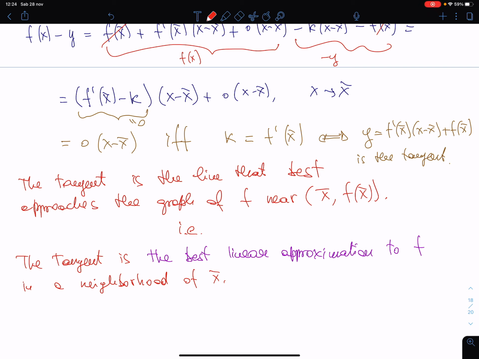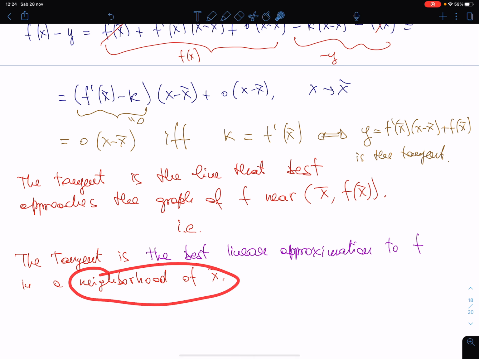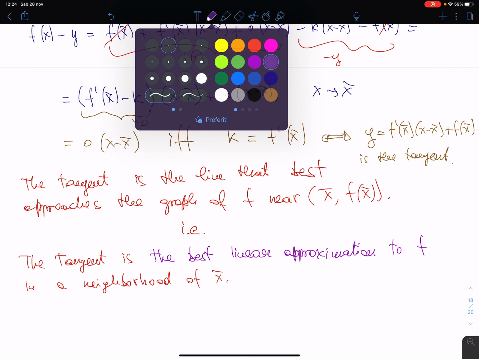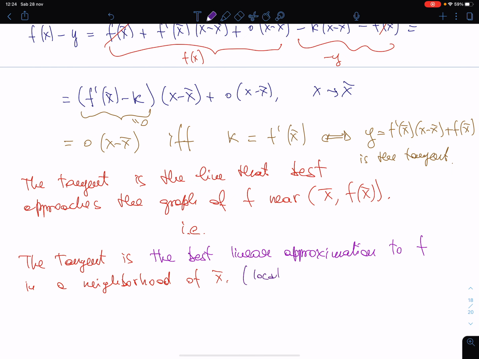If you want, this is a polynomial approximation to a function, and it is a local approximation because we are always in a neighborhood of x bar. So let me stress that this is a local approximation. This point of view will be developed in the month of December, okay? So don't be scared if now you are not able really to grasp everything here.